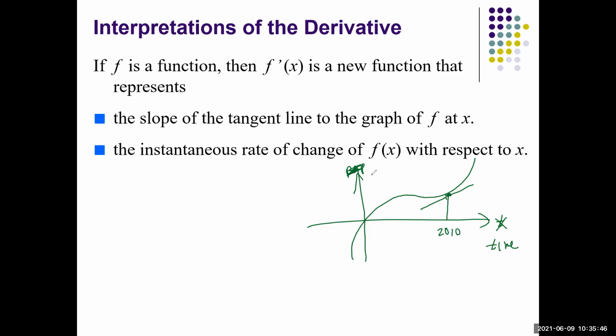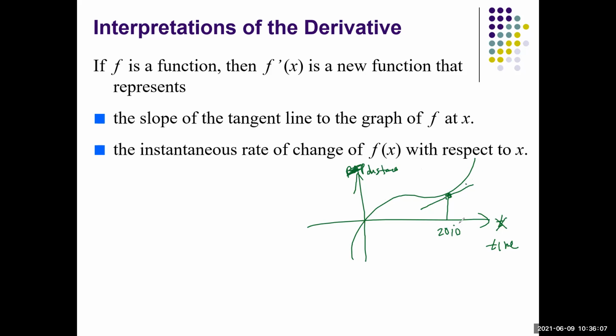It could represent, if this is distance, right? So the object is moving, and it's the distance traveled, and if you're looking at the derivative, that is the change of distance with respect to time.